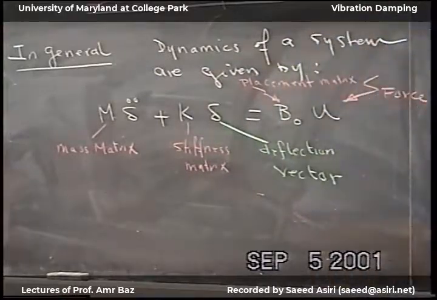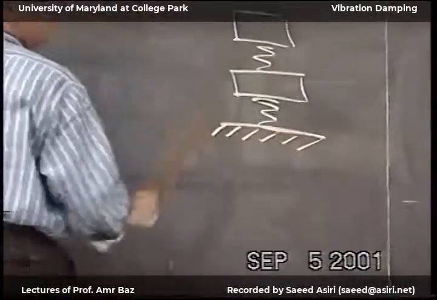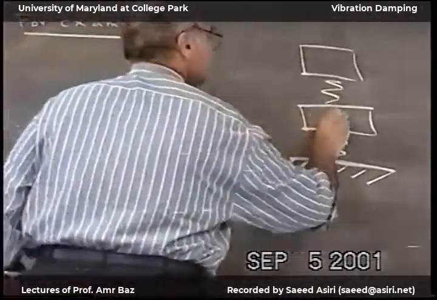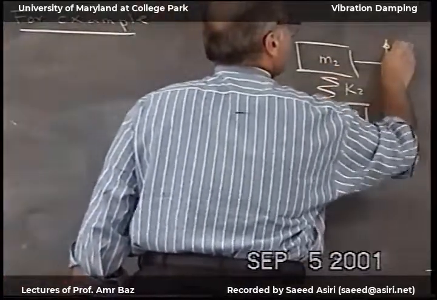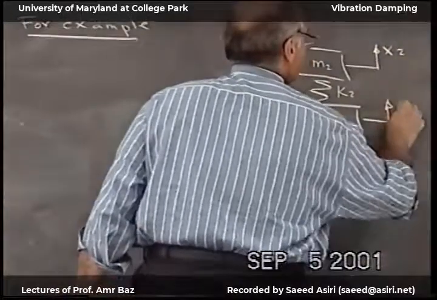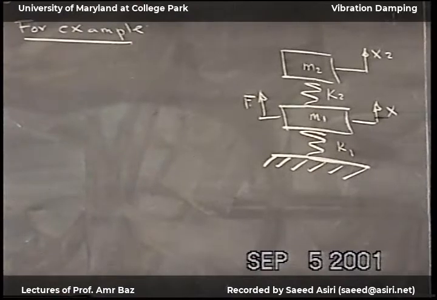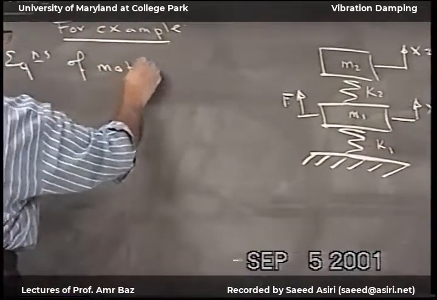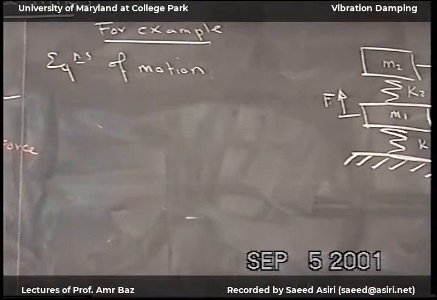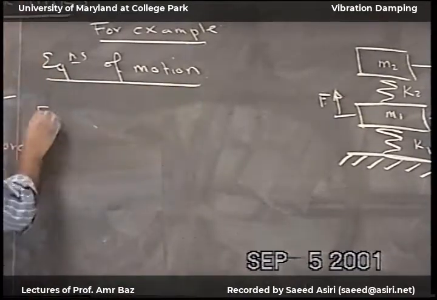again we have this system. M1, K1. The equation of motion. We can write them directly like this.